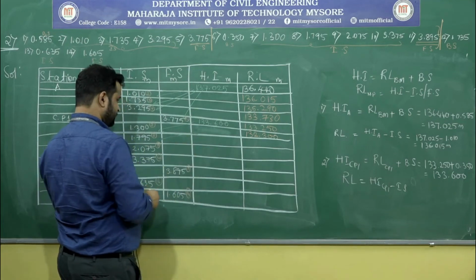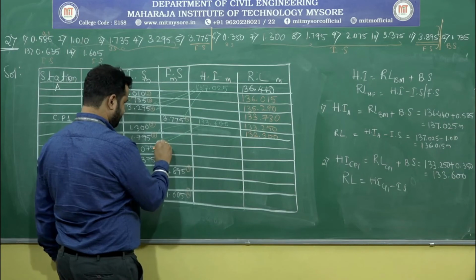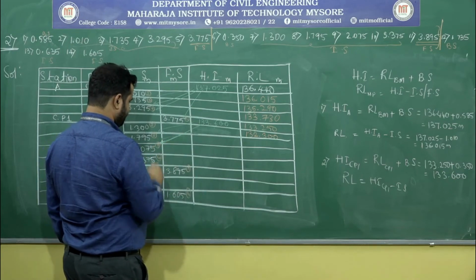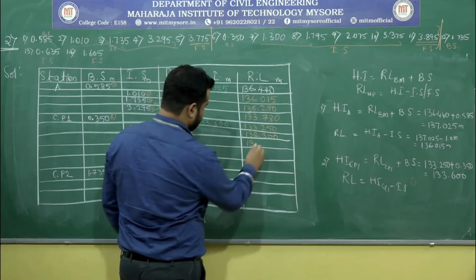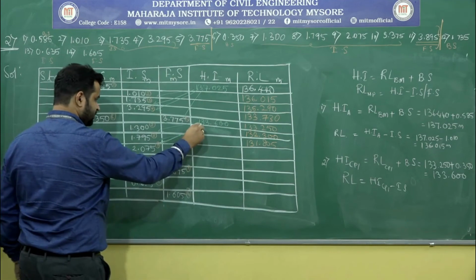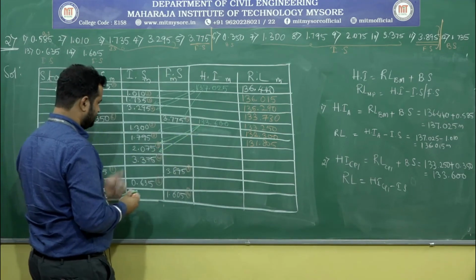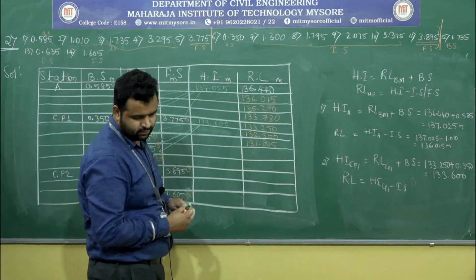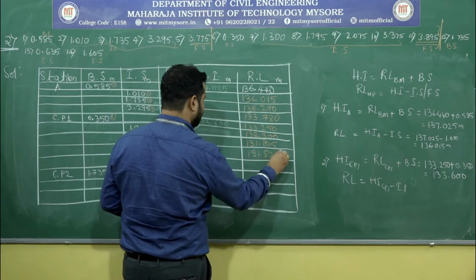Next, similarly, take this reading minus this, which is 131.805. Same thing, this minus this, 133.600 minus 2.075 is equal to 131.525.